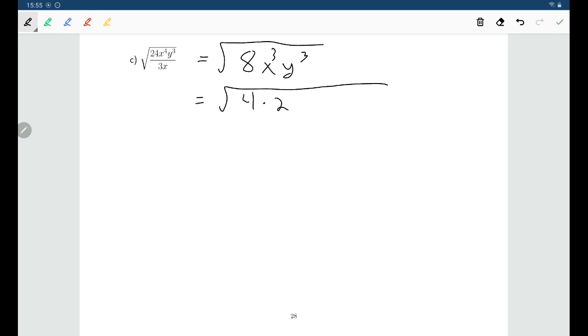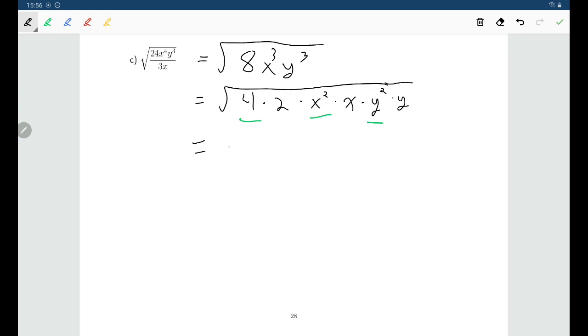But with x cubed, there's a perfect square inside of that as well. X cubed is x squared times x. And same thing with y cubed, that's y squared times y. So that means that the 4, the x squared, the y squared, those are all perfect squares that could be taken outside of my square root.